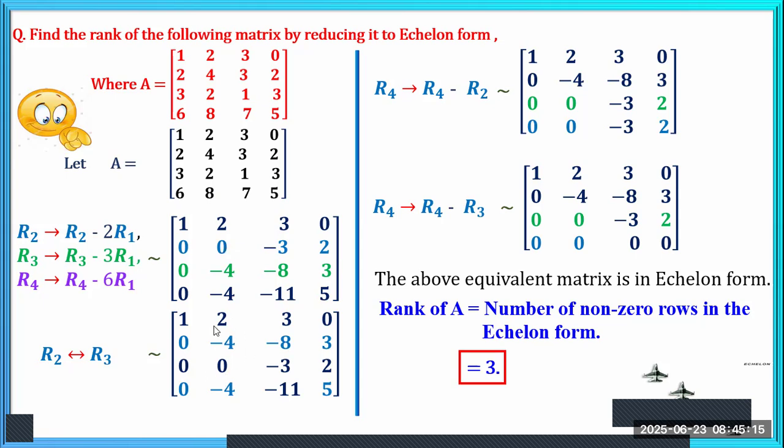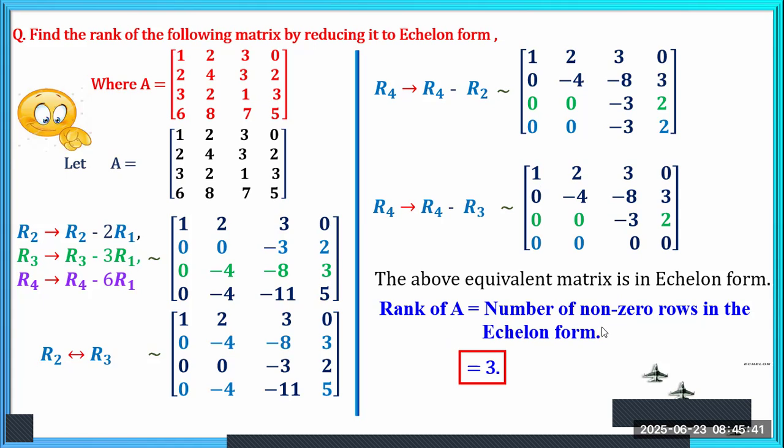So that's the reason for interchanging, then R4 minus R2, and then it becomes zeros. The last two look like the same rows, so R4 minus R3 also becomes zero. We can observe that this is in upper triangular form. No need to make any other operations. The above equivalent form is an upper triangular form.